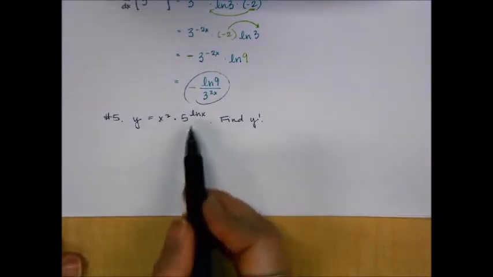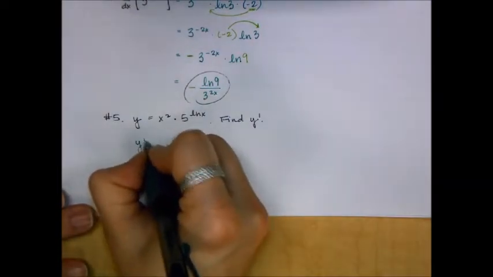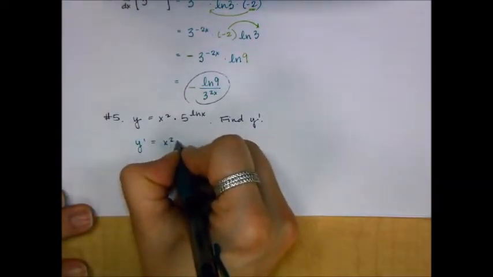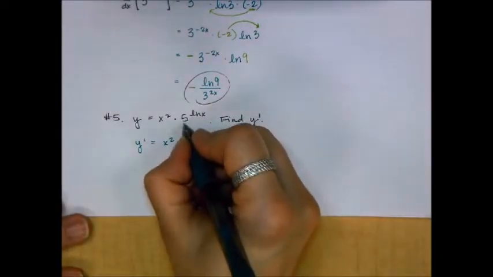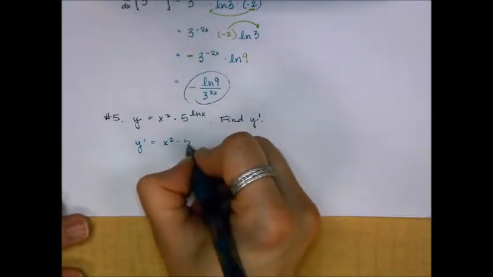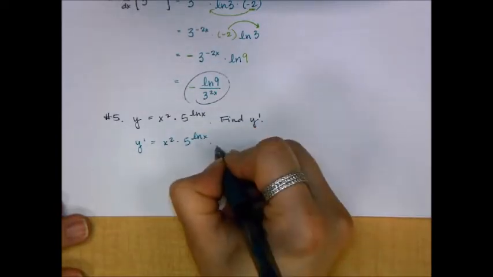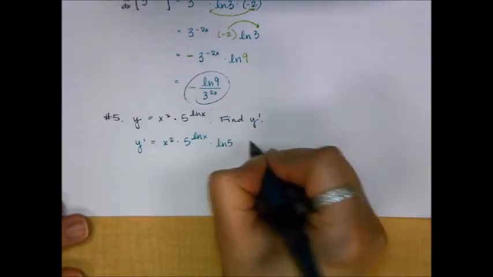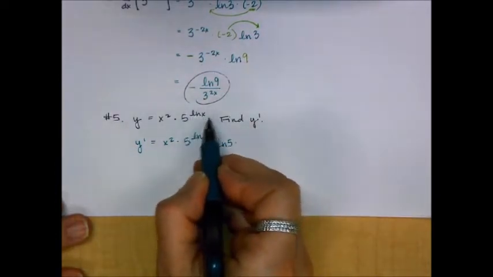So we'll start here with the first term times the derivative of our second. So 5 to the power u is 5 to the power natural log x times the natural log of our base times the derivative of our exponent. So the derivative of natural log x is 1 over x.